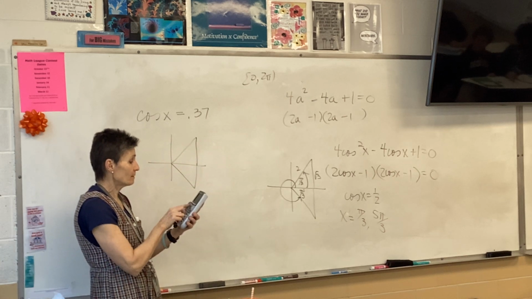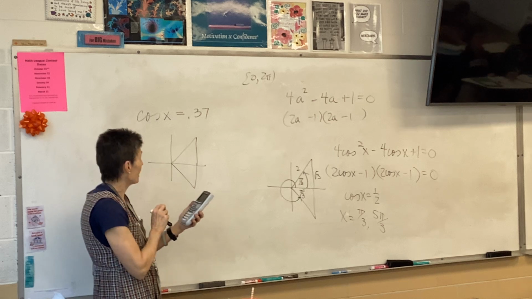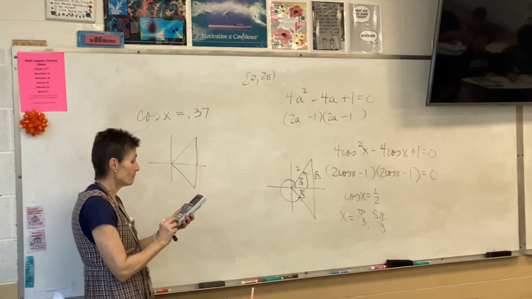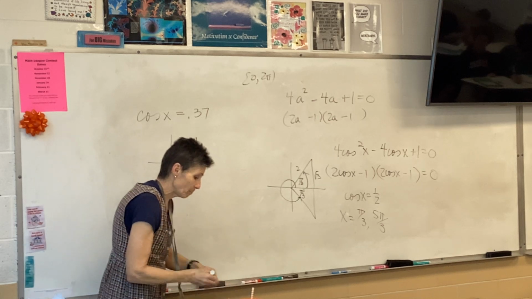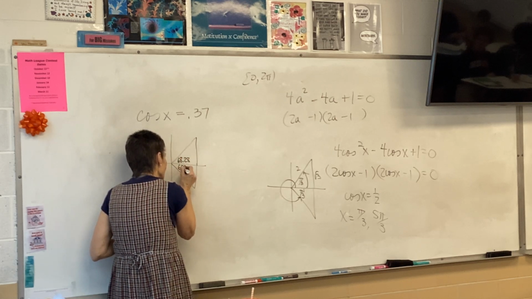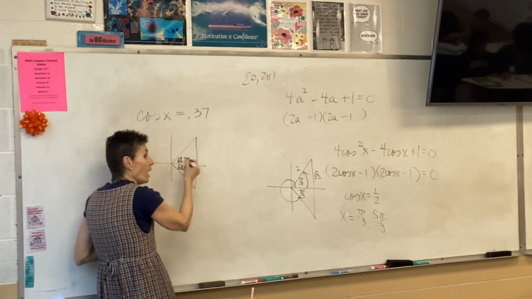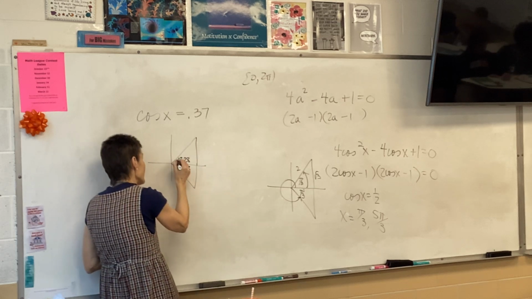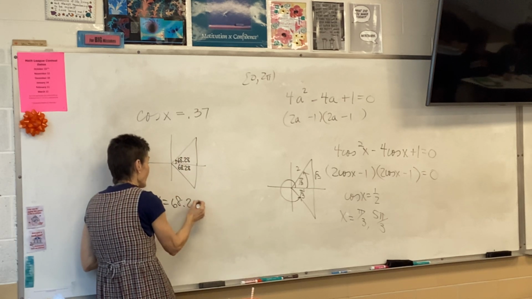What do I type in? Second cosine, 0.37. 68.28. And then 360 minus that. So one answer will be the 68.28.